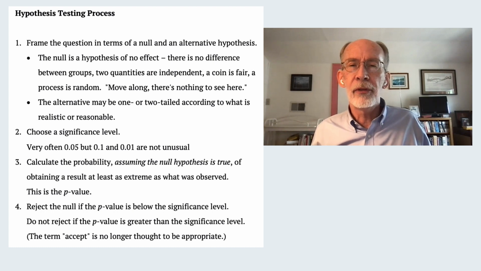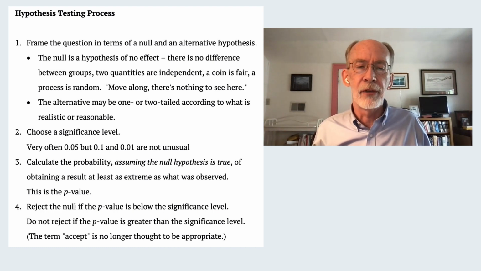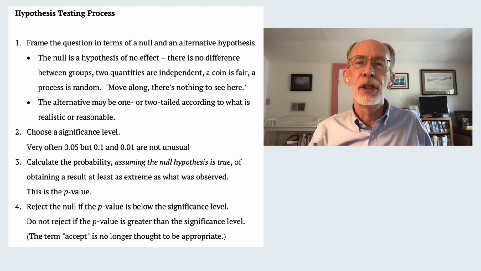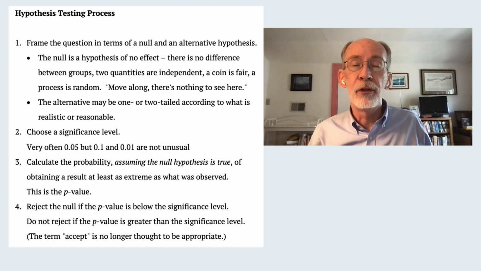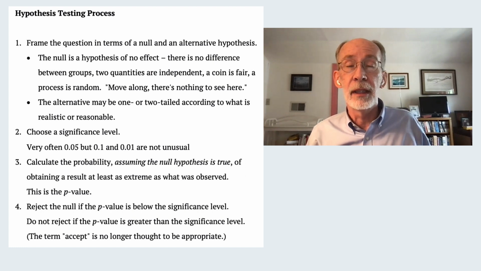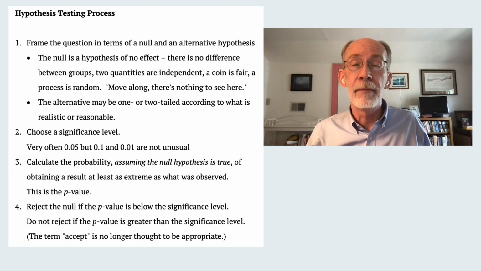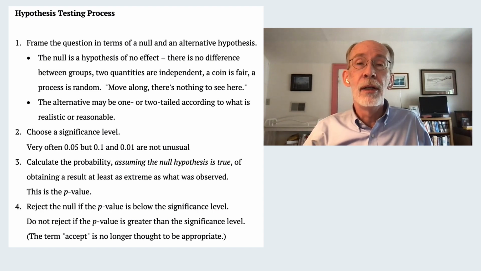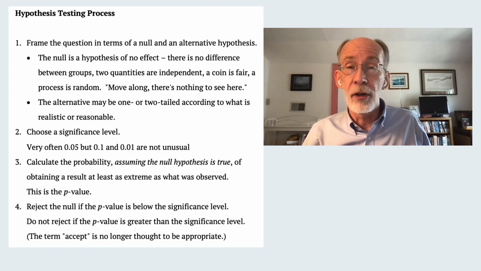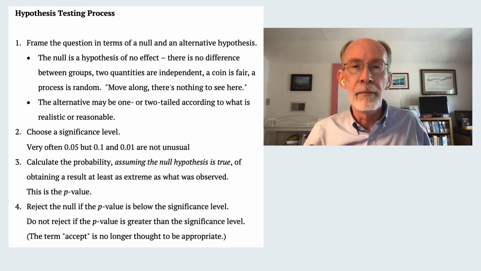Your next step is to choose what's called a significance level. A significance level is basically a cutoff value. You'll recall that we calculated the probability of seeing 8 or fewer jurors in a randomly selected pool of 100 from this county, and we found out that it was incredibly tiny. That incredibly tiny probability causes us to strongly doubt the fairness, the randomness of the process.